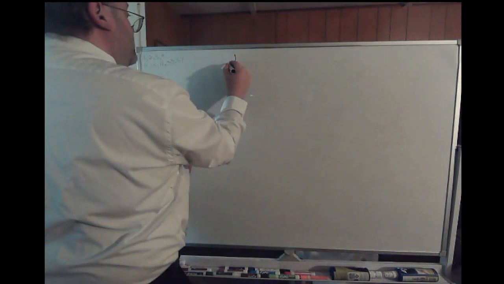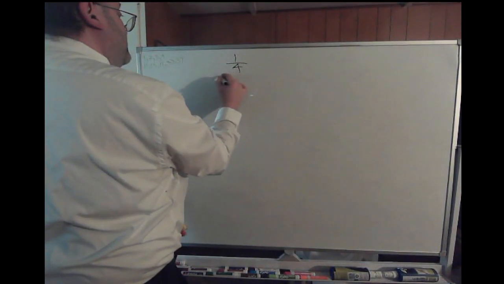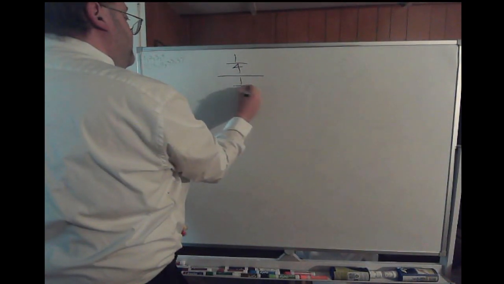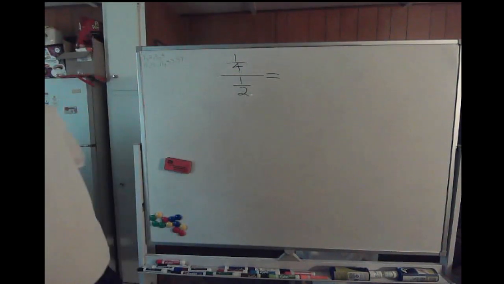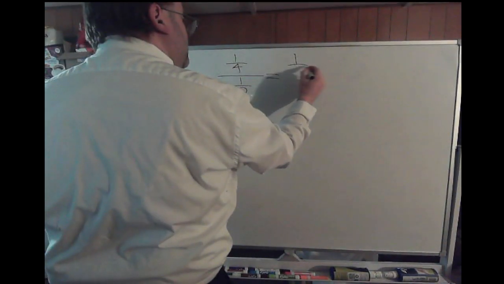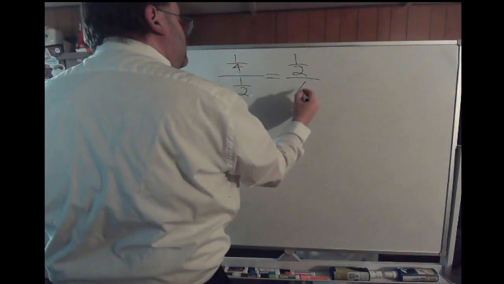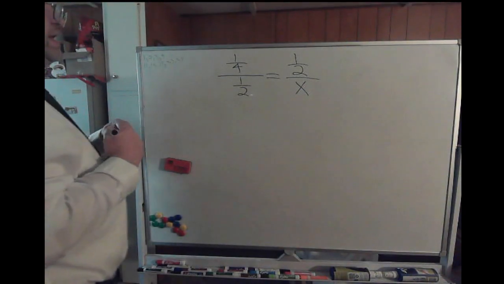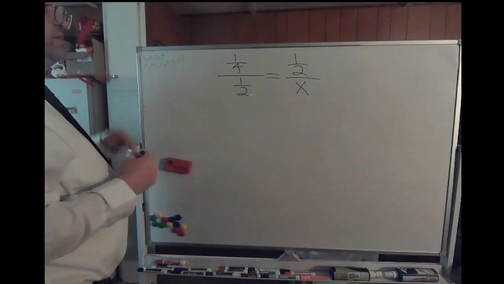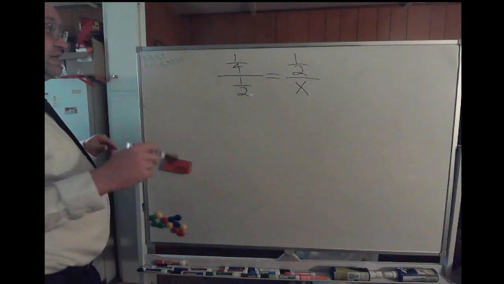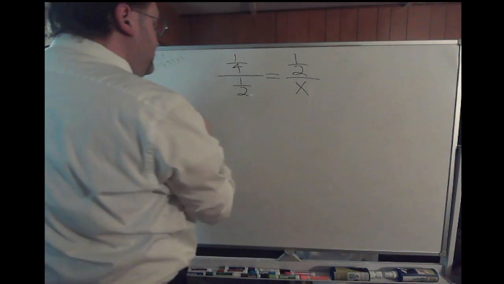Alright, I got one more. Well, this is a fun one. So we have 1/4 is to 1/2. 1/4 over 1/2 is equal to 1/2 over x. Okay? So yes, you could do these with fractions also. Well, like you would any proportion, you want to find that value of x, you'll take the cross product, you'll take that 1/4 times x.